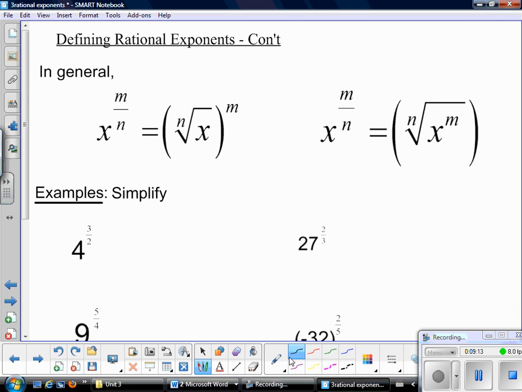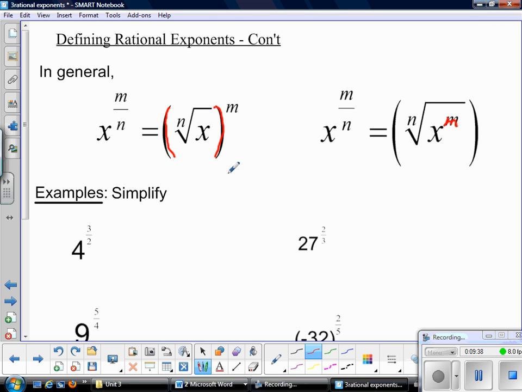I can take the nth root of everything and take that answer to the power of m, or I can put the m inside the root sign, do that first, and then take the nth root. Either way will give you the answer. Now, which one are you going to use?